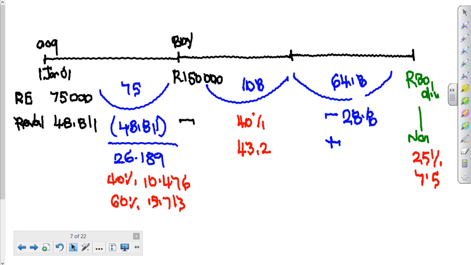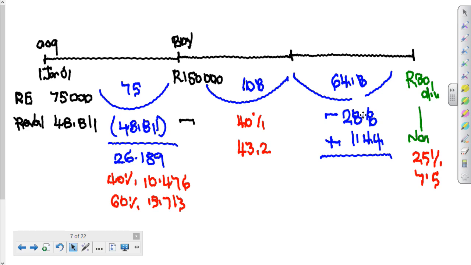Plus the 2 million after tax. 144. Do you agree? So the profit, I have to remove that machine, and I have to bring in the 2.